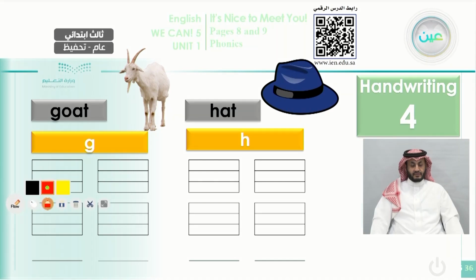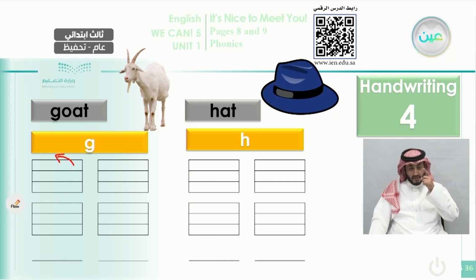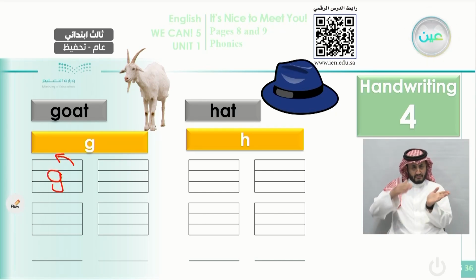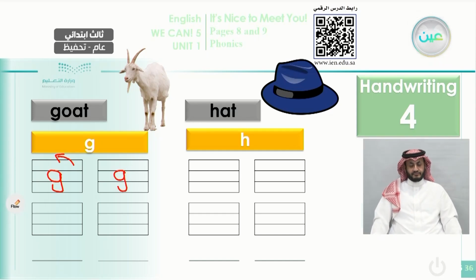Okay. G, you have to start in this way. As we said before, you have to start going like this arrow here. You do like this. G is to be written like this. Okay. And G also you write it in this way. Okay. Be careful about how to start and where to write the letters.